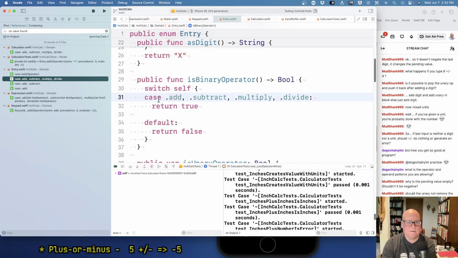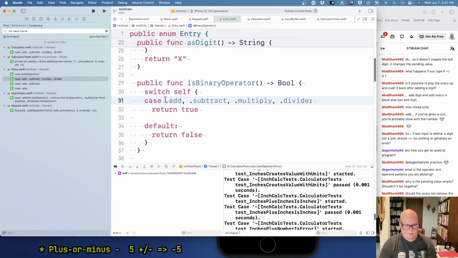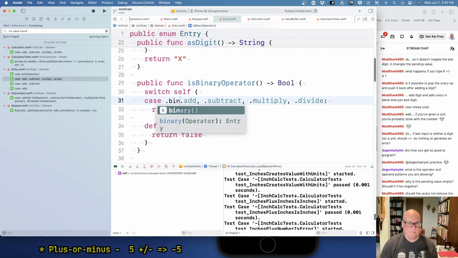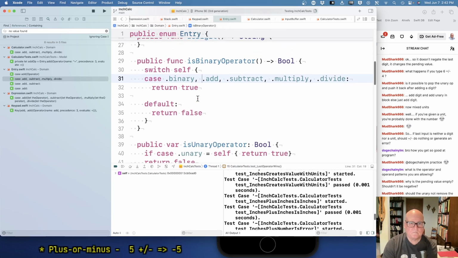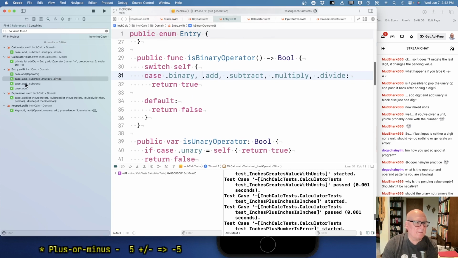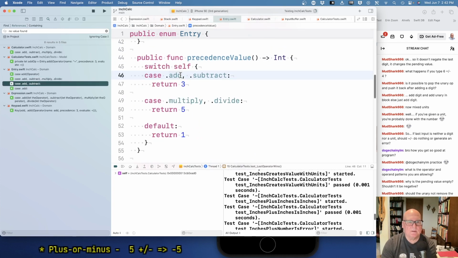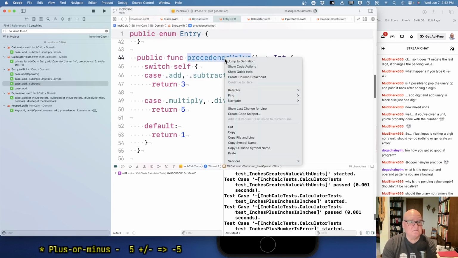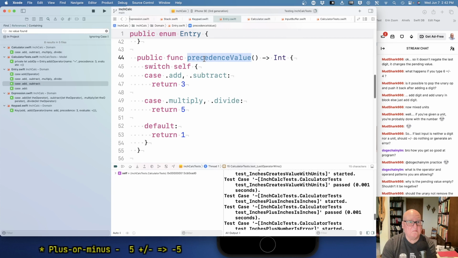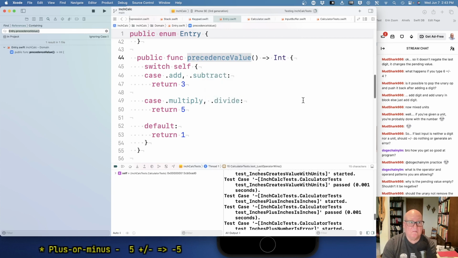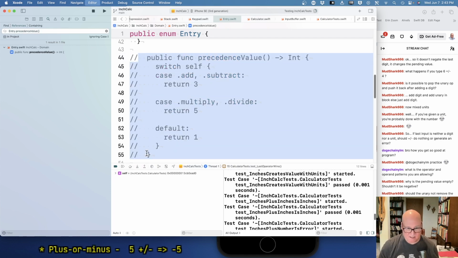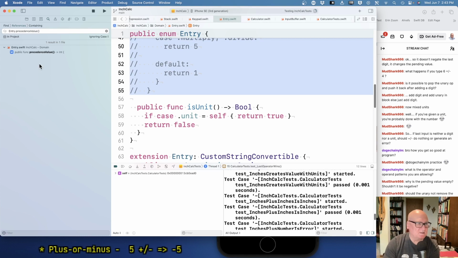This one, right, binary did not return true. Binary. Add, subtract. Oh, who should be? Nobody uses that. Okay. I'll comment it for now just in case Xcode's a little flaky.